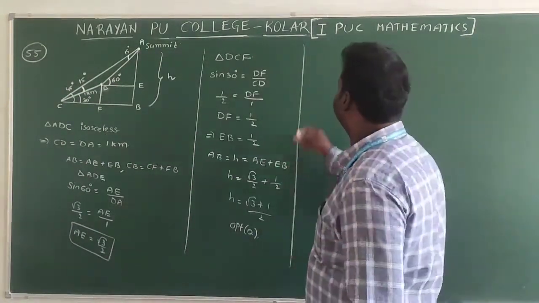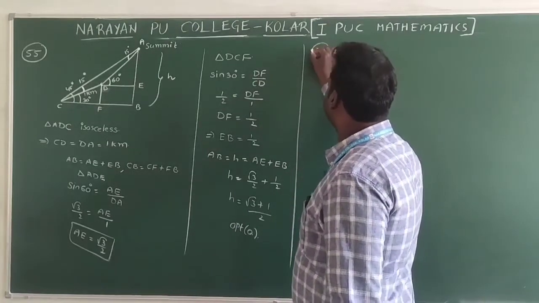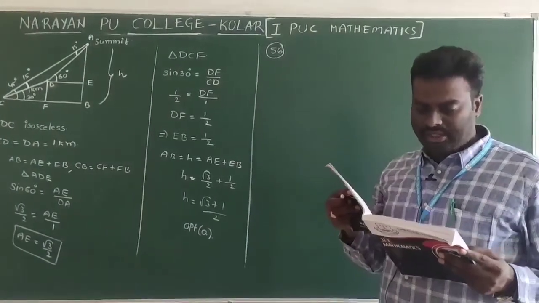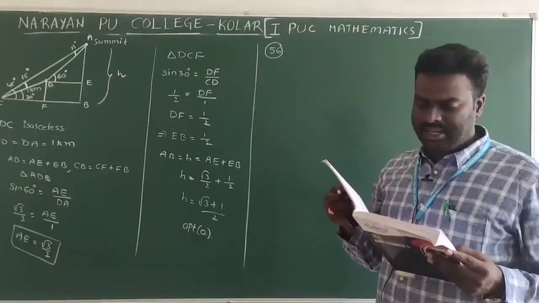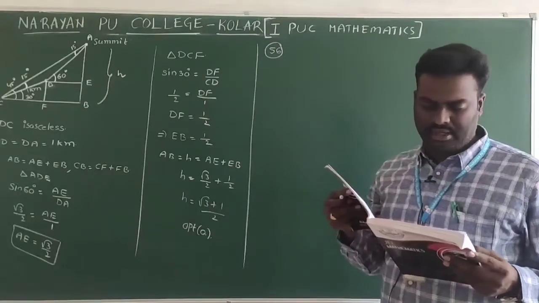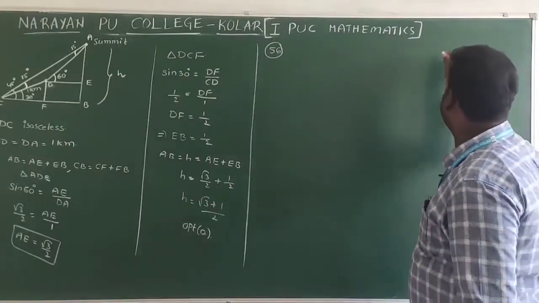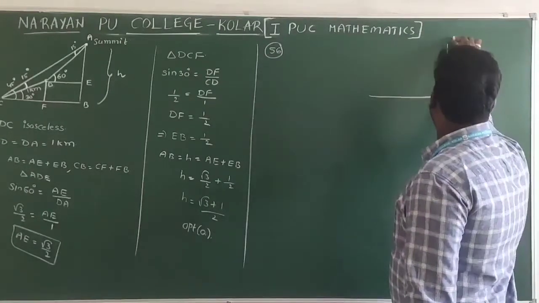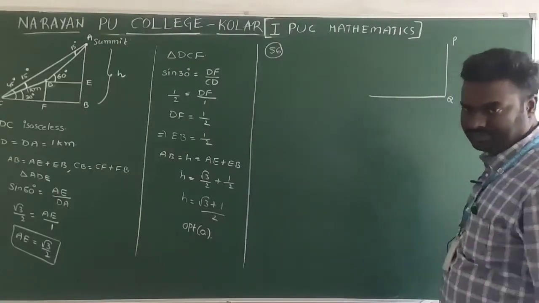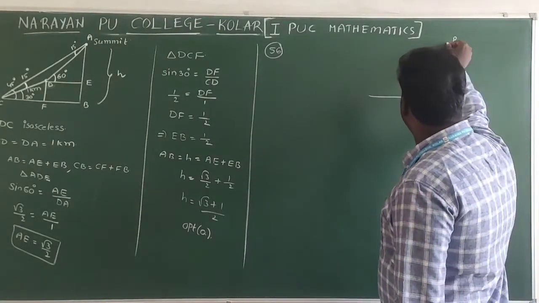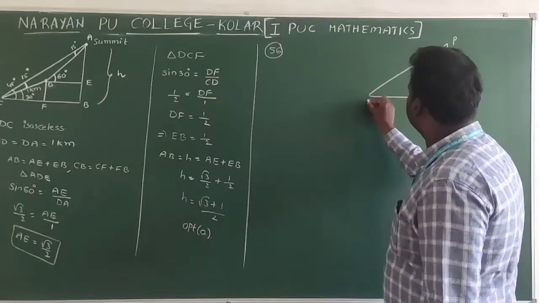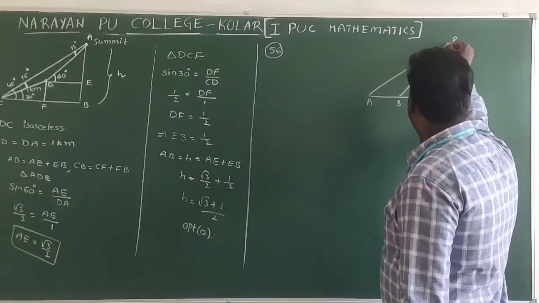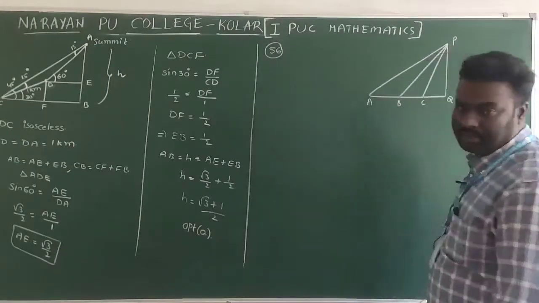Next, 56 question. If PQ is a vertical tower, subtending angles alpha, beta, gamma at the points A, B, C. Okay. PQ is a vertical tower, subtending angles alpha, beta, gamma at 3 points.